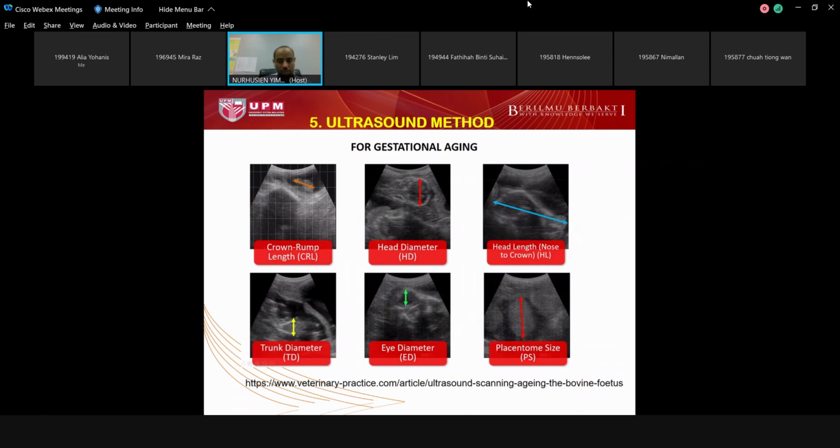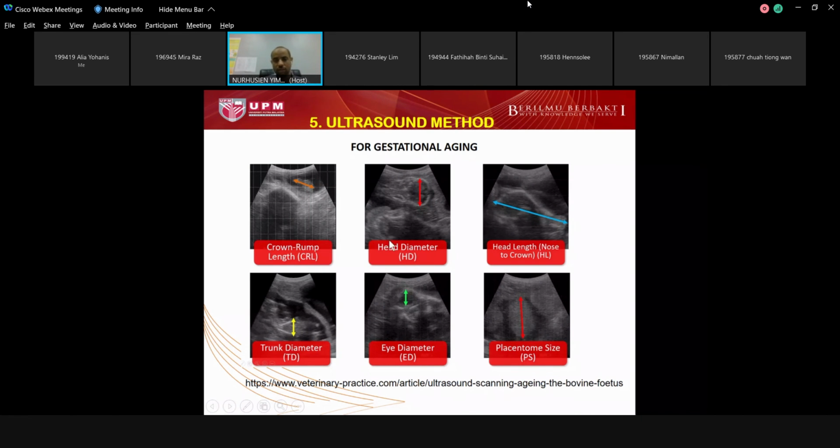By trying to estimate the size of the fetus, by looking at the location of the cervix and the uterus, where they are located, thinning of the uterine wall, size of the uterine body and the horn, and all these parameters can be used to approximately stage the pregnancy. But by using ultrasound, you have a better opportunity to estimate the stage of pregnancy with much better accuracy compared to the transrectal palpation method.